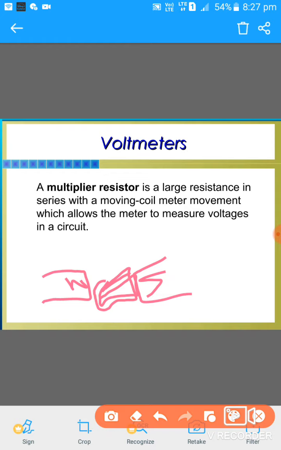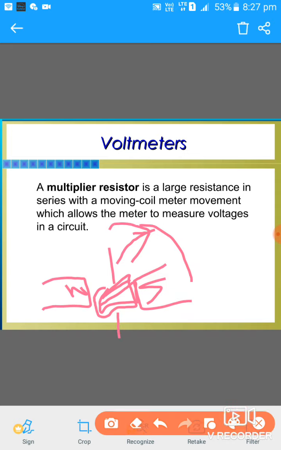With the help of a shaft and bearing it will be rotated, and magnetic flux will be produced, and with the help of this the pointer indicates the reading of the current and voltage to be measured. This is the voltmeter, right student?